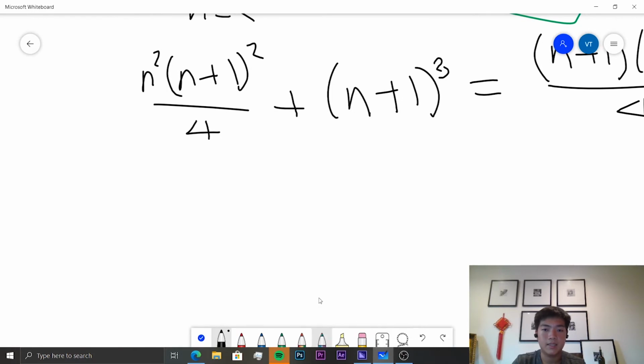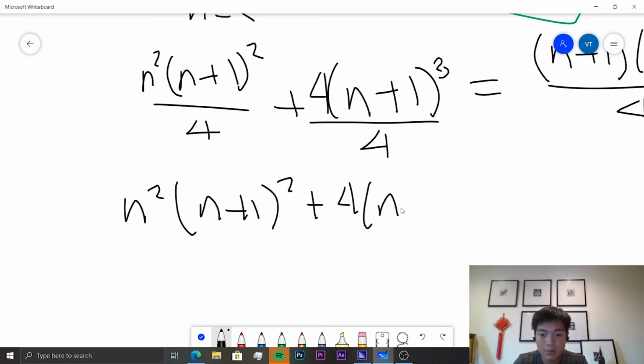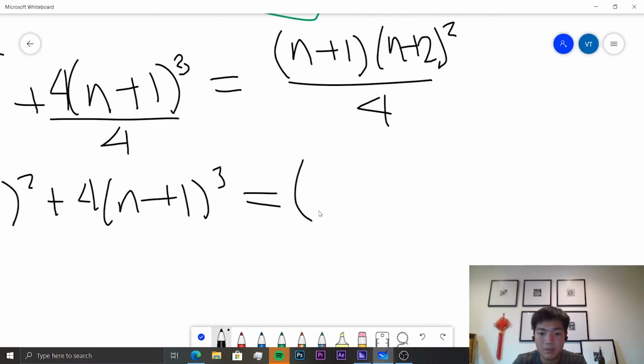So let's do some manipulation. If we multiply by 4, then we can divide this by 4, and so we can add it directly here. We need to prove that n squared times n plus 1 squared, plus 4 times n plus 1 cubed, is equal to n plus 1 squared times n plus 2 squared.